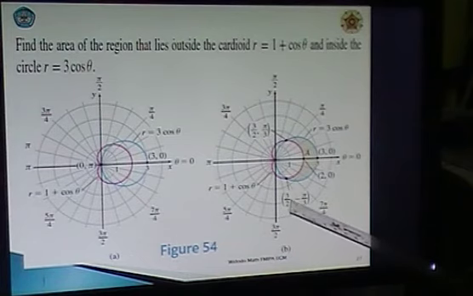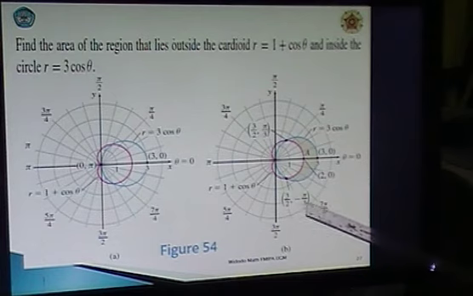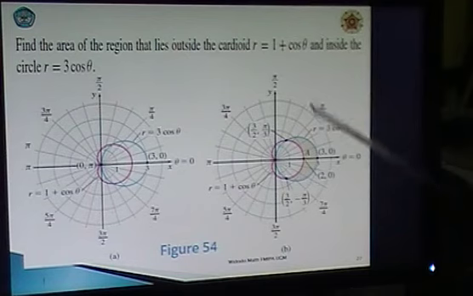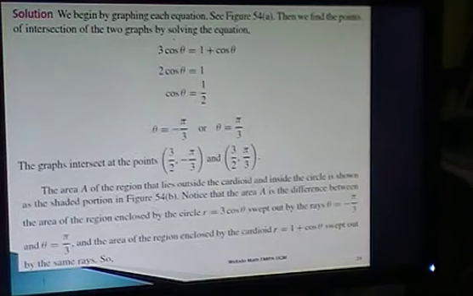Here also the same, but the angle is minus pi divided by 3. The question is, how can we find these intersection points? The intersection points can be found by using the equations of 1 plus cos theta and 3 cos theta, as we see in the following.